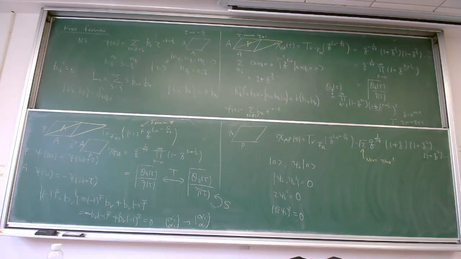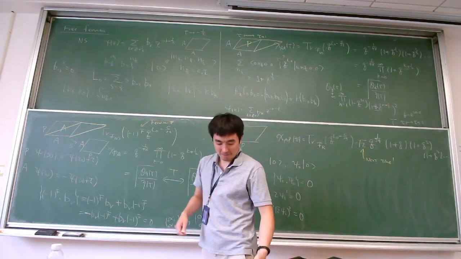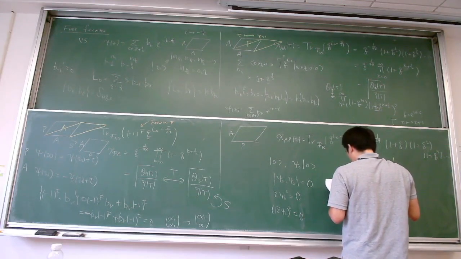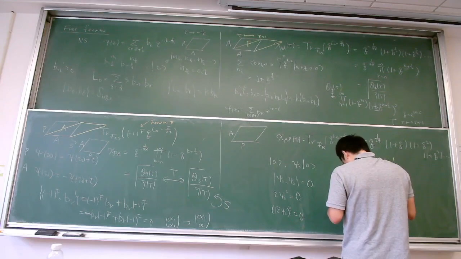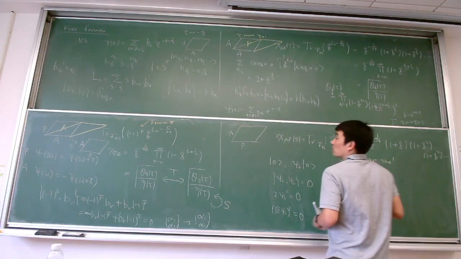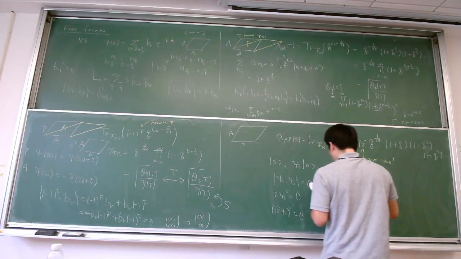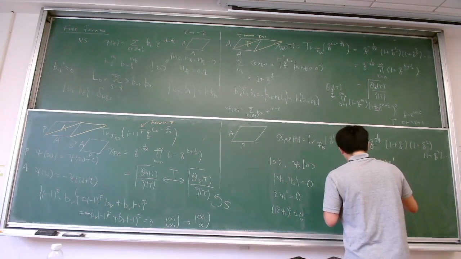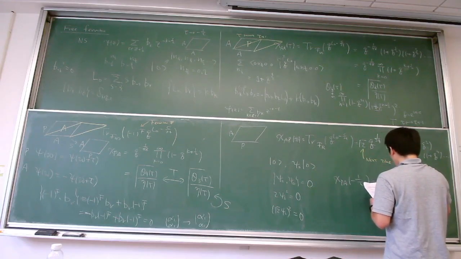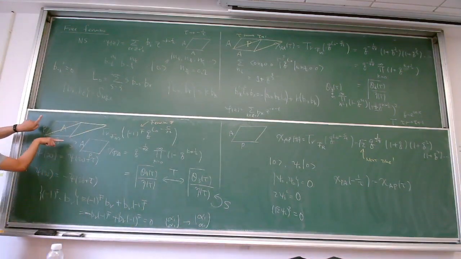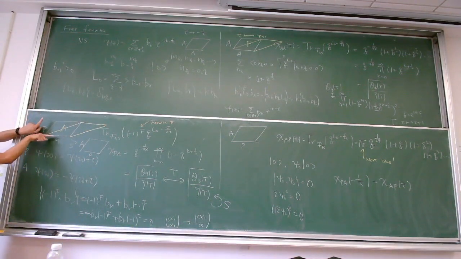Okay, so, and then you can check that this is chi PA. So the S transformation swaps the two cycles.